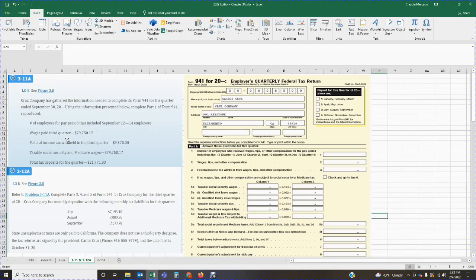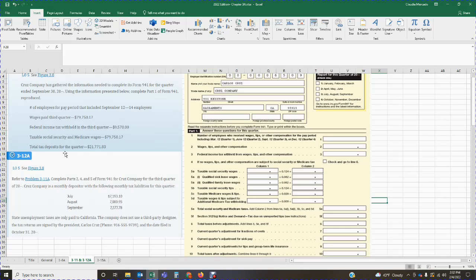Wages paid in the third quarter is $79,750.17. The federal income tax withheld in the third quarter is $9,570. The taxable Social Security and Medicare wages is $79,750.17. And the total tax deposits for the quarter were $21,771.83. With this information, we are going to complete part 1.